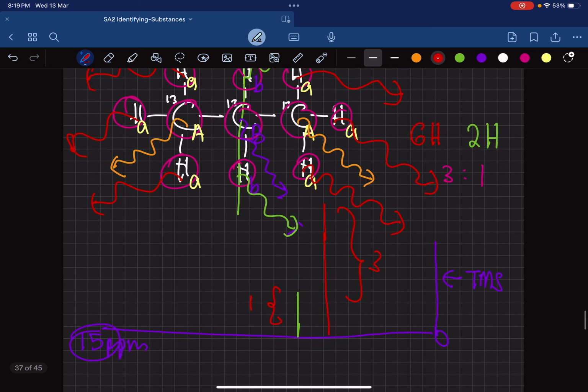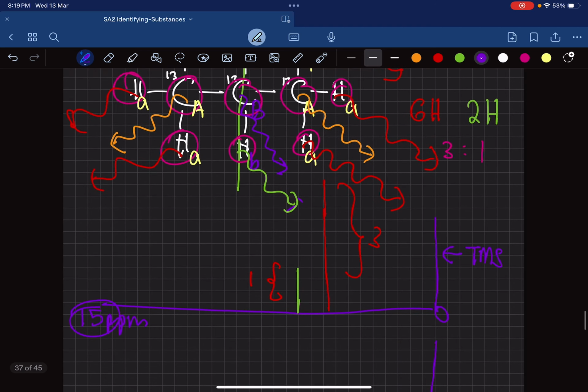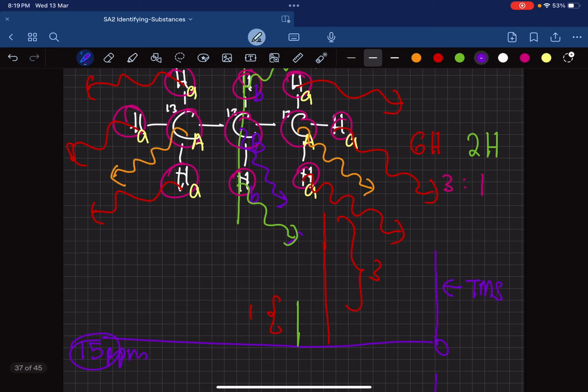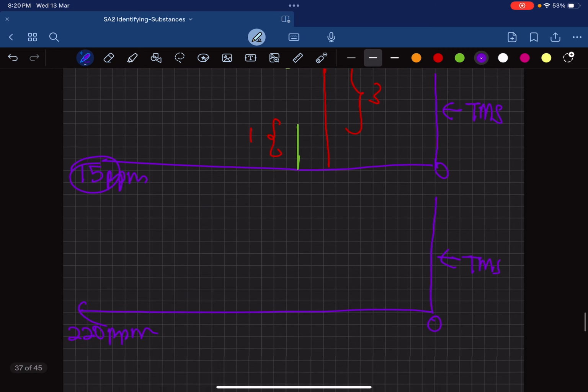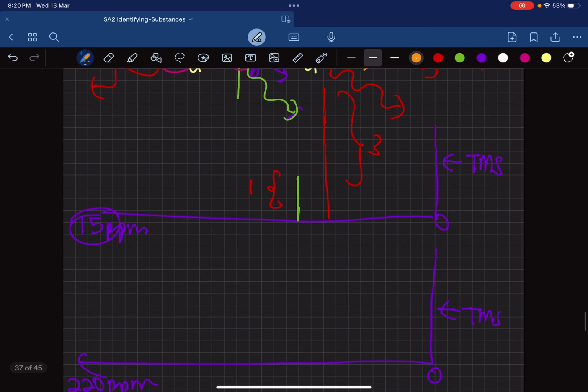Meanwhile, for carbon, the signals will look something like this. It will start at 0, again TMS, but this will go up to about, let's say, 220 ppm. So it's a much bigger frequency. For carbon, you notice there were 2 sets of carbons, carbons A and carbons B. Carbon A will produce a frequency, let's say something like this, and then carbon B, which was purple, will be something like this.